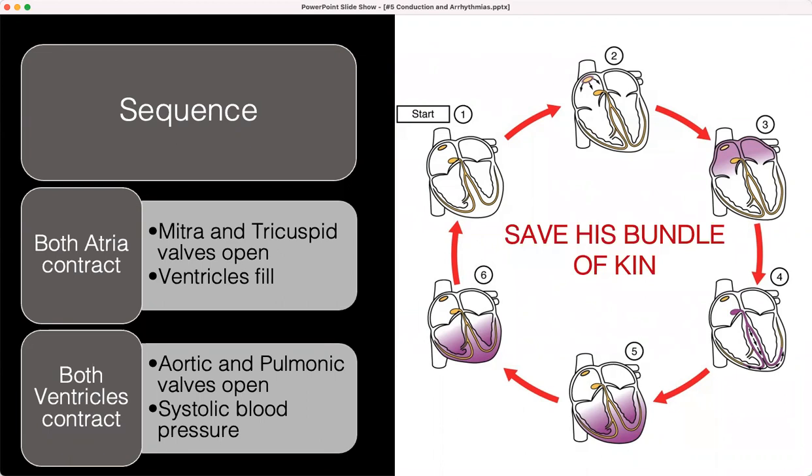So the mitral and tricuspid valves are open, ventricles fill, and then both ventricles contract, aortic and pulmonic valves are open, and the tricuspid and mitral valves are closed. And when the left ventricle contracts specifically, it generates your systemic systolic blood pressure.